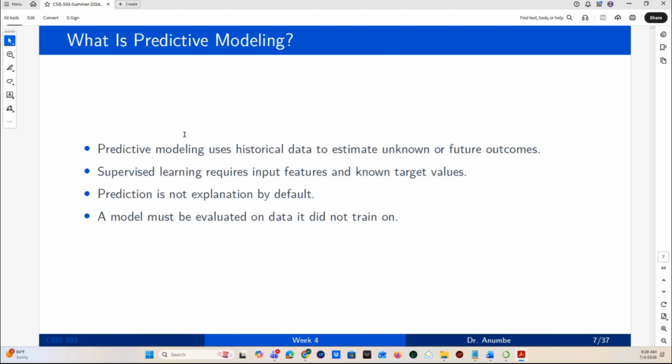And then we have the idea of supervised learning. And we're going to talk some more about supervised learning. But in supervised learning, there is a need for input features and known target values, right? So you need to give me some inputs, some variables in your data, to help me find the outcomes.